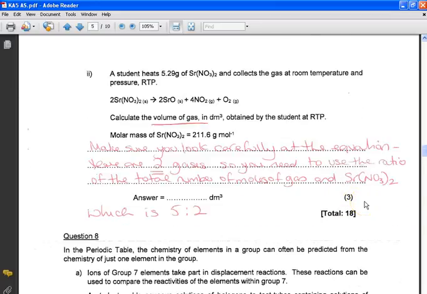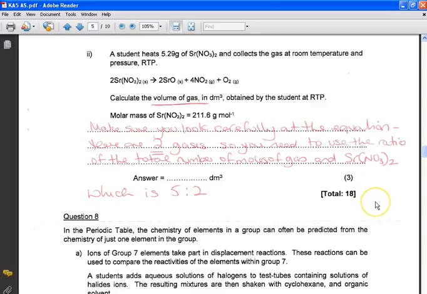Okay, so this is a little calculation, but it's slightly different in that it says calculate the volume of gas produced, and obviously a lot of you, I don't know whether you just went for the oxygen because you know that's a gas, but if you look on the product side of this equation, there are 2 gases formed, which means you have to look at the total number of moles of gas formed, in this case 5 moles.